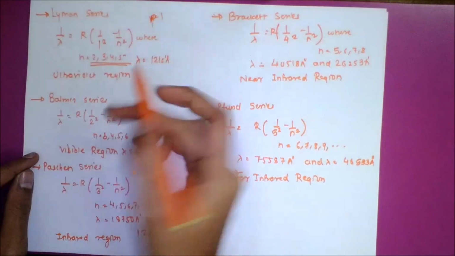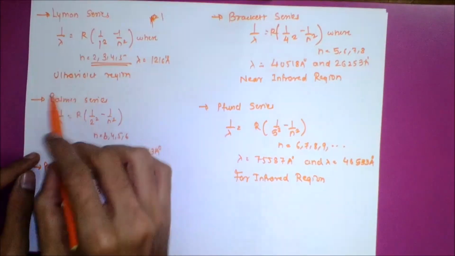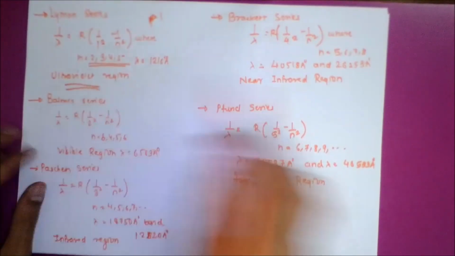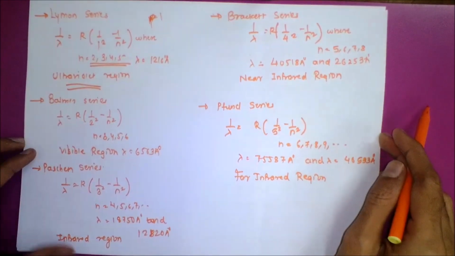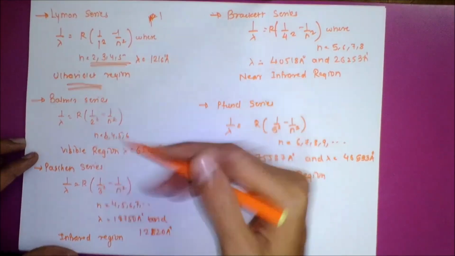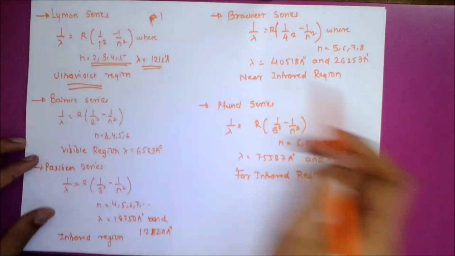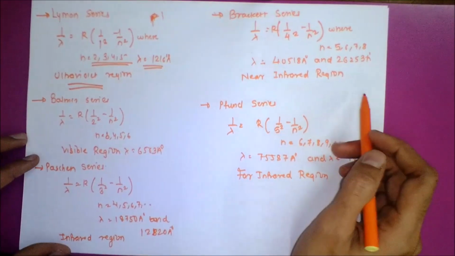The energy radiated while falling to the first orbit lies in the ultraviolet region of the spectrum, where the wavelength is around 1216 angstroms.